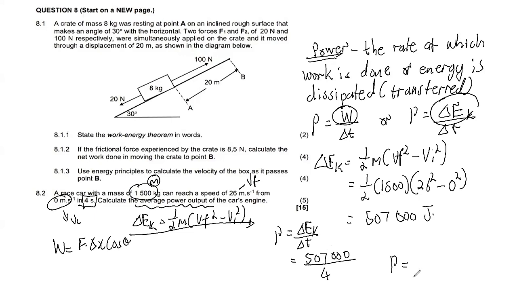Into my calculator, I have 126,750 watts. Remember the SI unit for power, watts. And just like that, I've calculated the average power output of the car's engine, right?